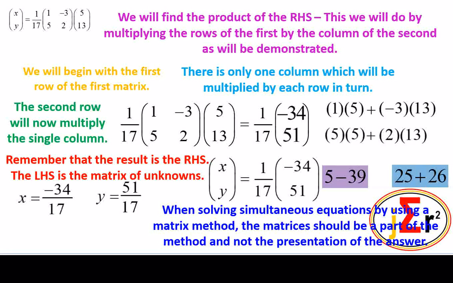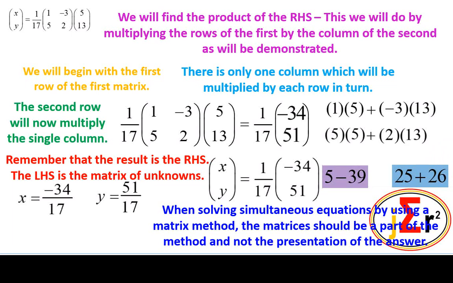When solving simultaneous equations by using a matrix method, the matrices should be a part of the method and not the presentation of the answer. If we are solving a pair of simultaneous equations, your answer should not be in matrix form. You're not really solving a matrix equation.